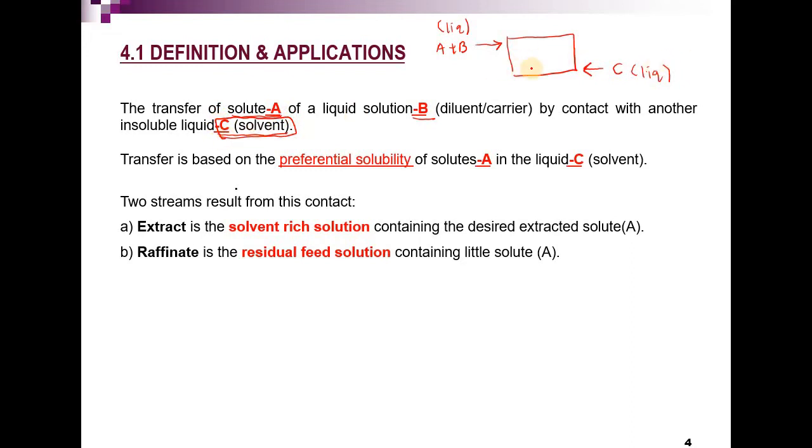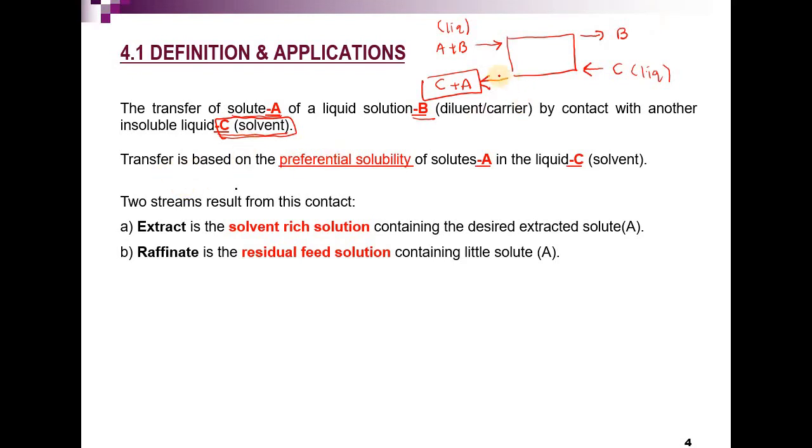So what happens? In this system, A, B and C will mix together, and C will extract the component, for example, I want A. So C will extract the component A as a product, and B will be left out. This is how liquid extraction happens.